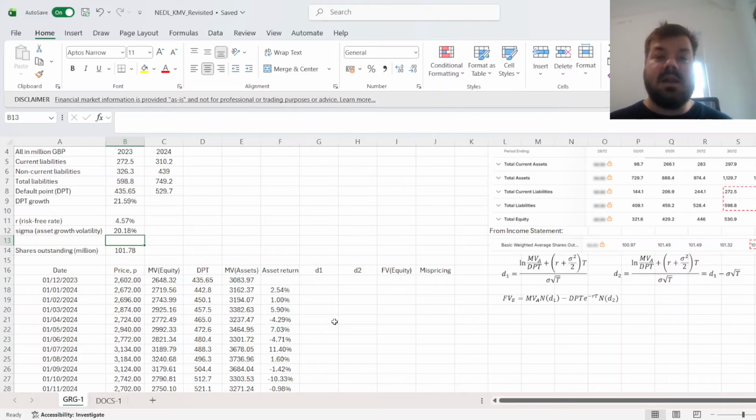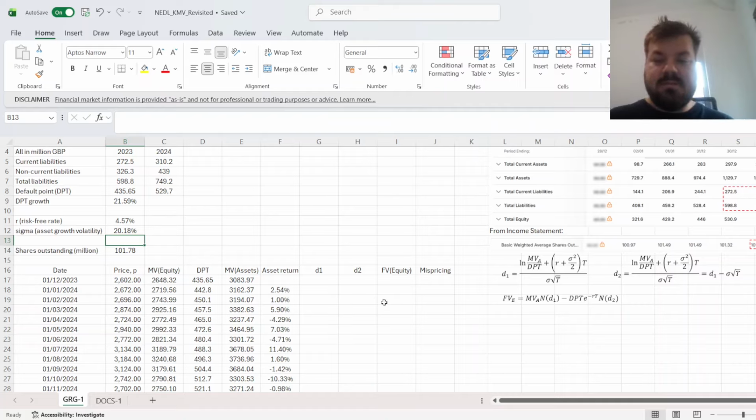And here we can conceptualize the stock as essentially a call option on market value of assets with a strike price that's equal to the default point or the value of debt. This is the ingenuity of the KMV model that allows you to wrap everything together.